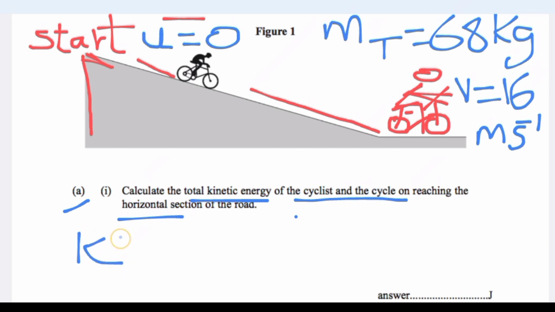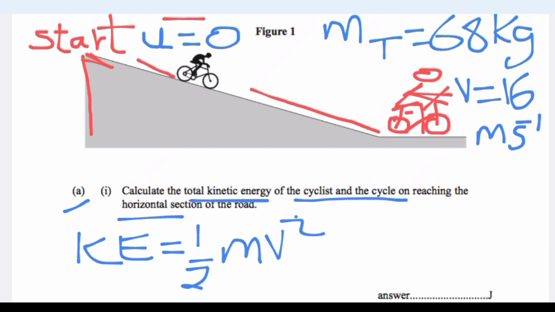So as we know, kinetic energy is equal to 1 over 2 m times v squared, right? So we know the mass, we know the speed at the horizontal section. So we have everything, we just need to put the numbers in the formula.